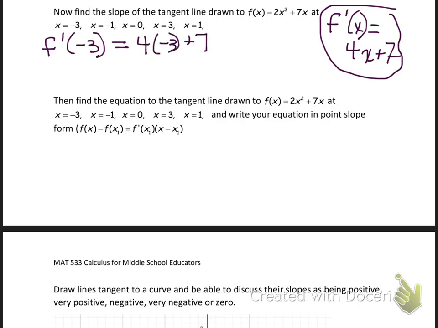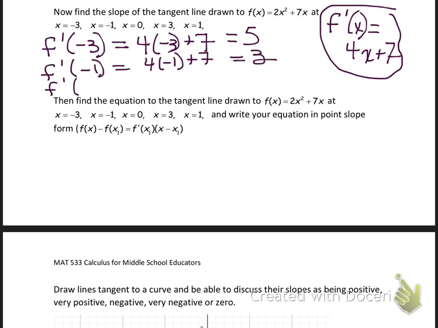That's going to be negative 12 plus 7, which equals positive 5. Continue that: f prime of negative 1. Wherever I have an x, I plug in a negative 1. That's going to be negative 4 plus 7, which is a positive 3.